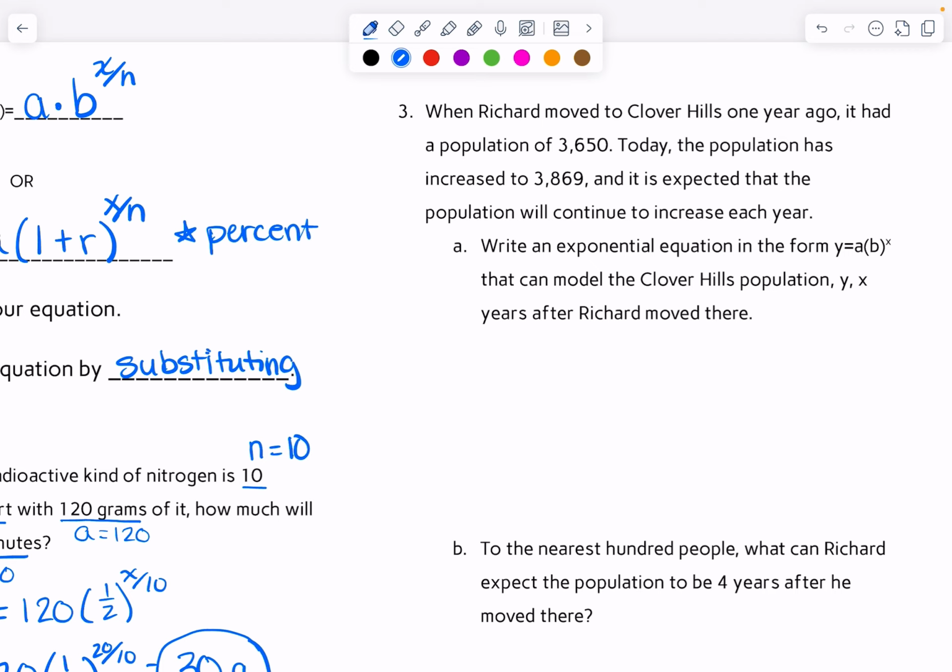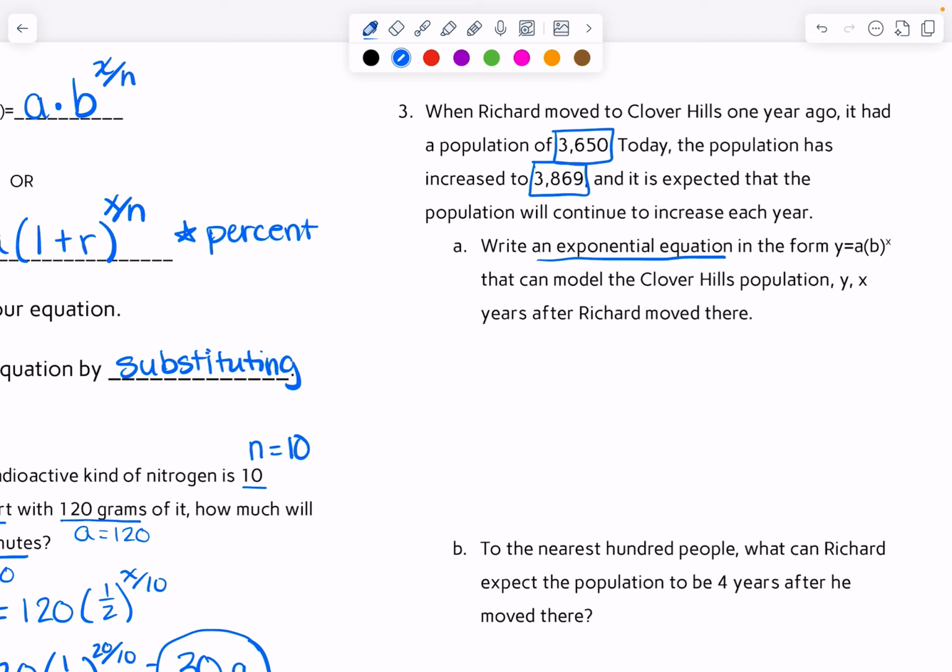So when I look at this, I'm noticing right away that I'm not given a base. I don't know how much it's increasing by every single year. However, I am given the initial value and the value 1 year later. And that allows me to find my base. It's specifically telling me to write the exponential equation, so I know to expect that this is an exponential equation.